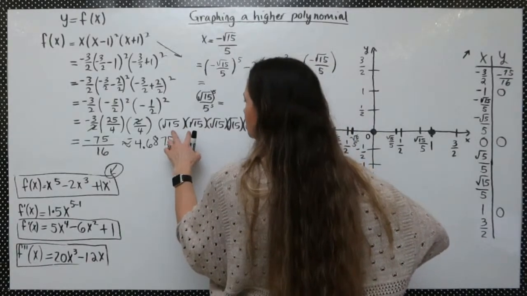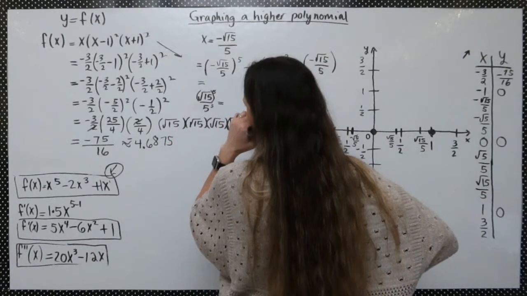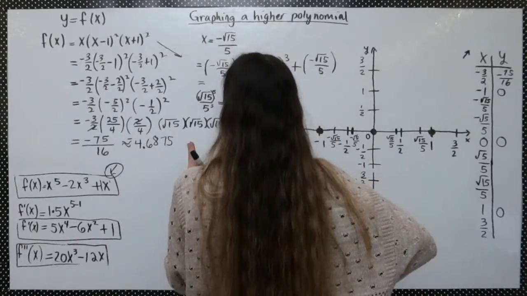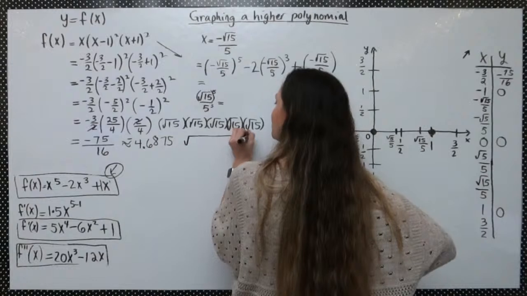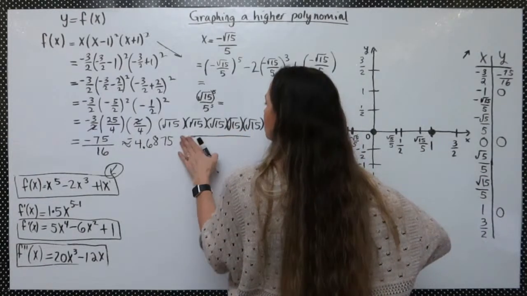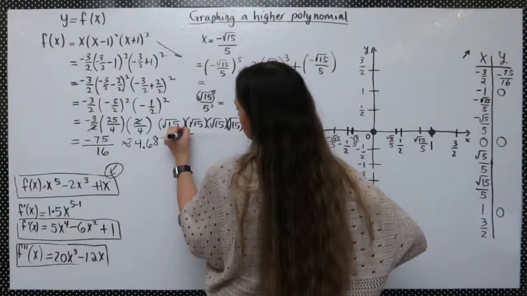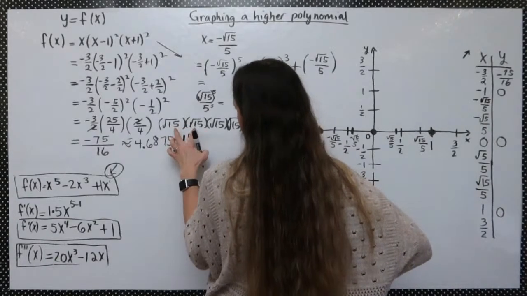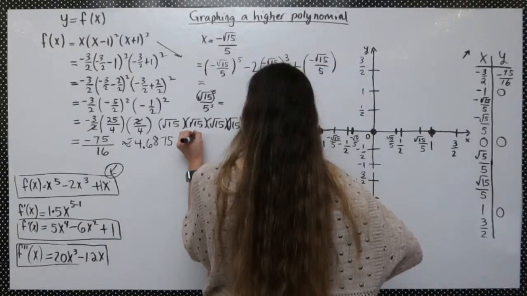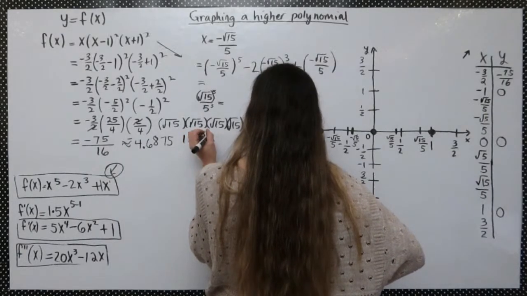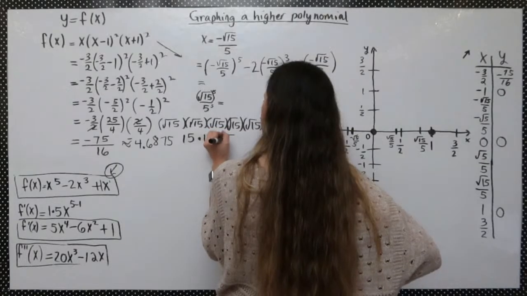All right. Yeah, that's raised to the 5th power. It's a lot to think about. So this is 15, and these copies pair up, so that would be 15 times 15, and then you have a radical 15 left over.